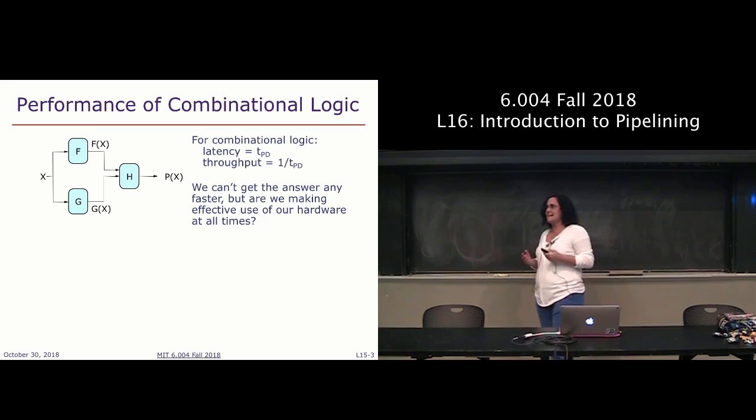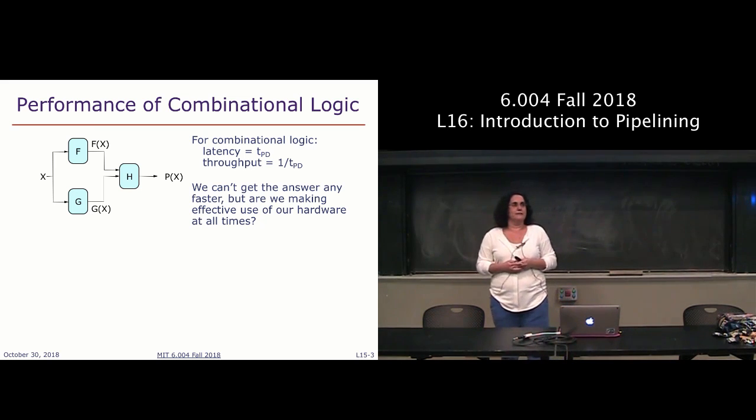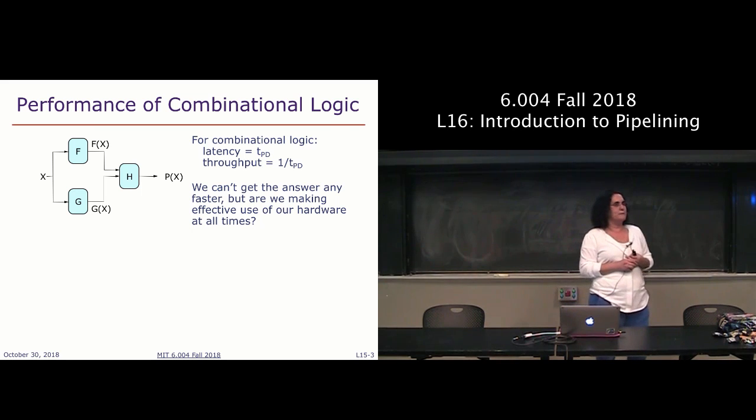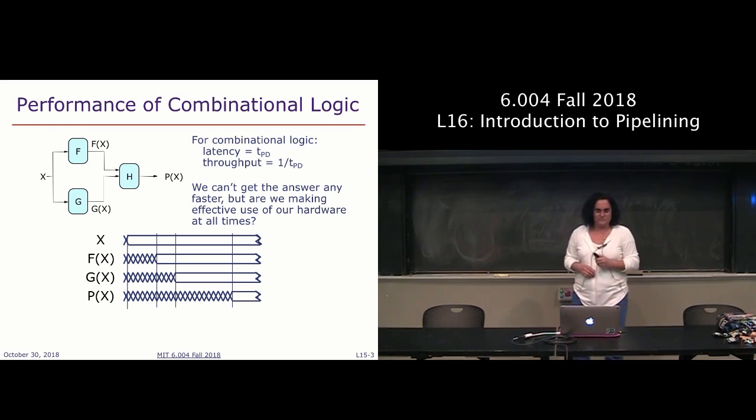Okay, so let's take a closer look at how the modules F, G, and H are operating and see whether we might be able to improve our performance. So here's basically a timing analysis. If you have your input X that's valid over here, then it takes some propagation delay for F to compute its output, similarly for G to compute its output.